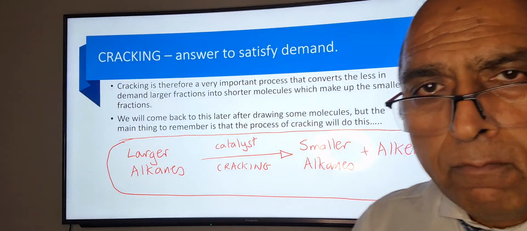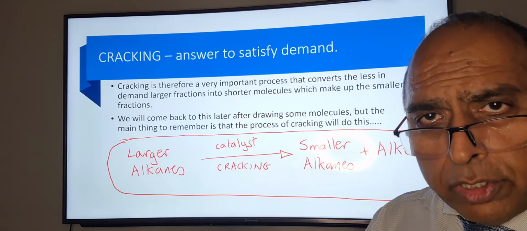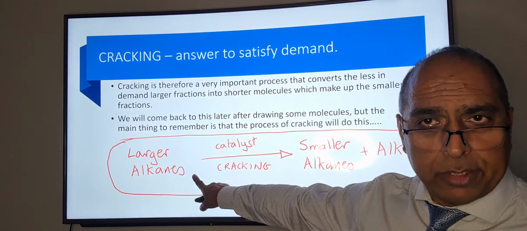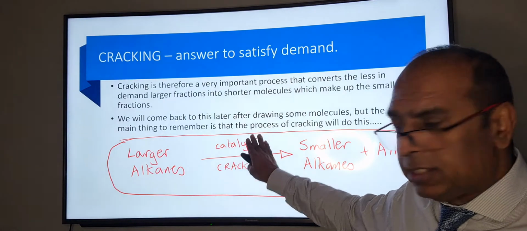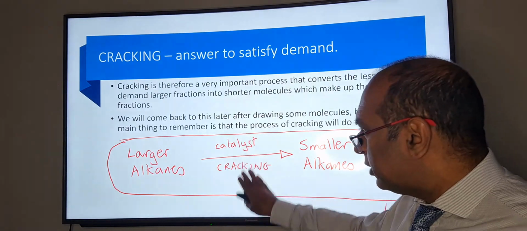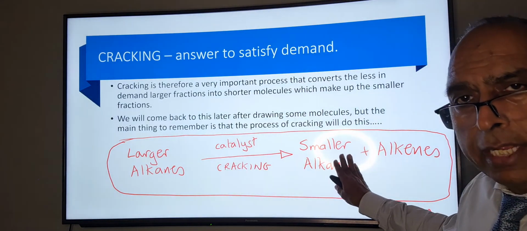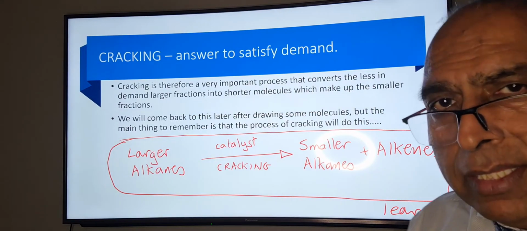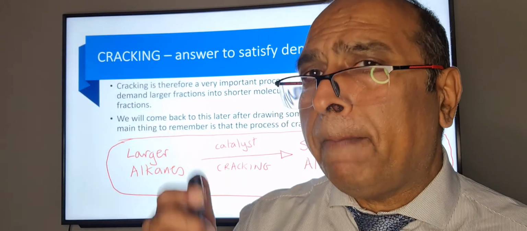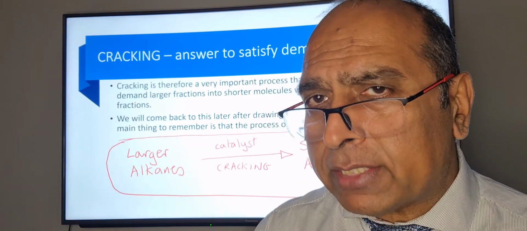But basically, I want you to learn that cracking will take the long molecules, larger alkanes we call them. With a catalyst and high temperature, catalytic cracking, you'll get smaller alkanes, which are smaller molecules, and you'll get something called alkenes, which are a new family of molecule that I'm going to talk about next lesson, next video.